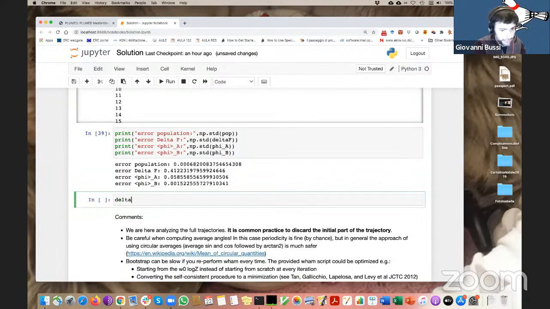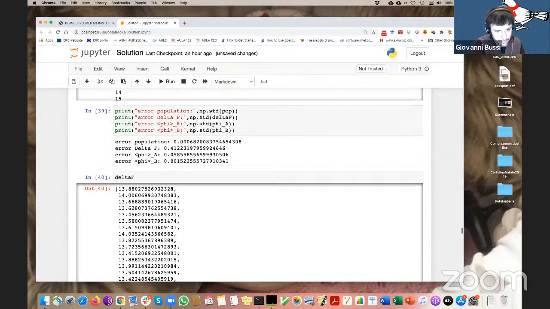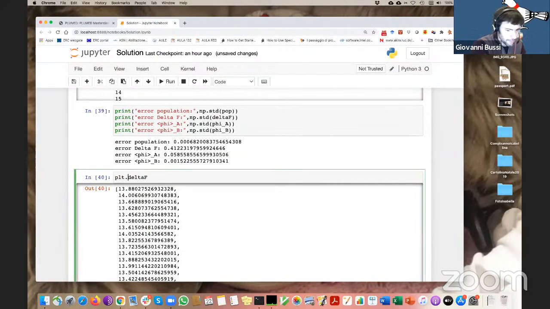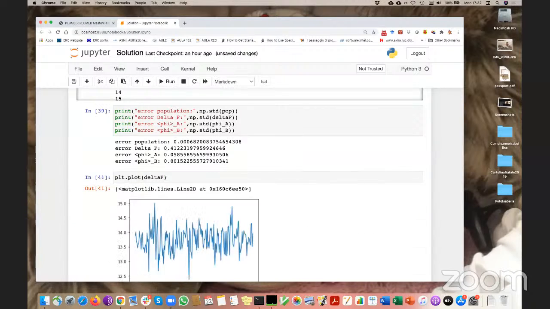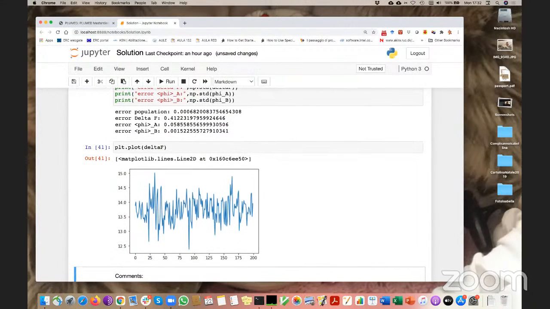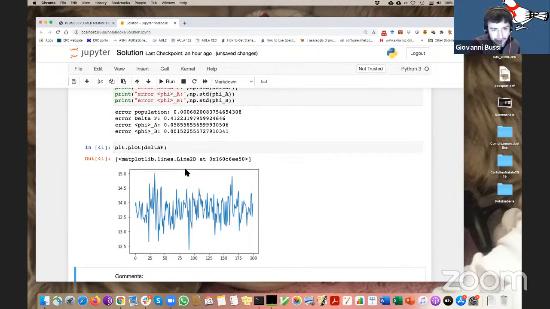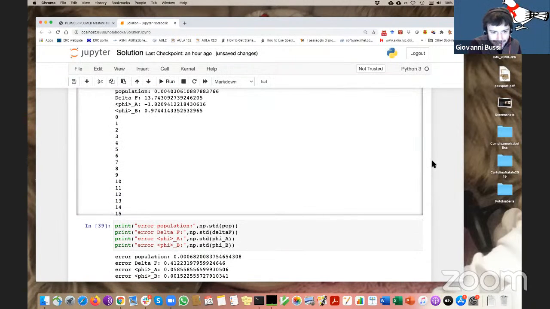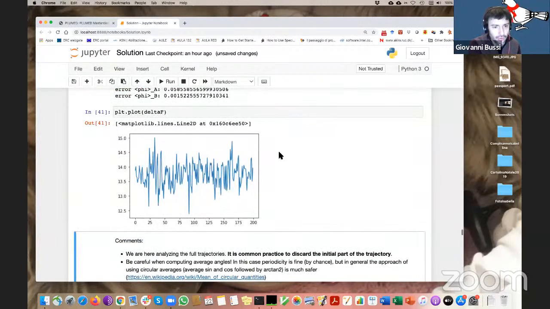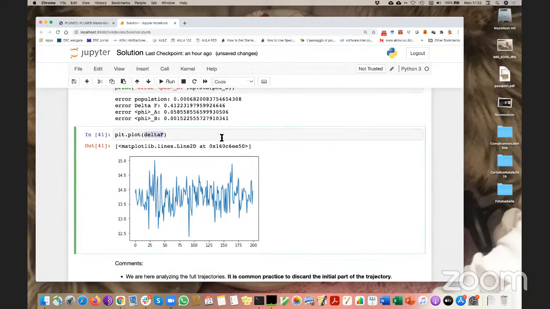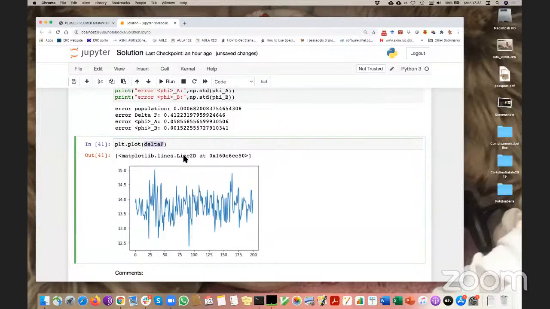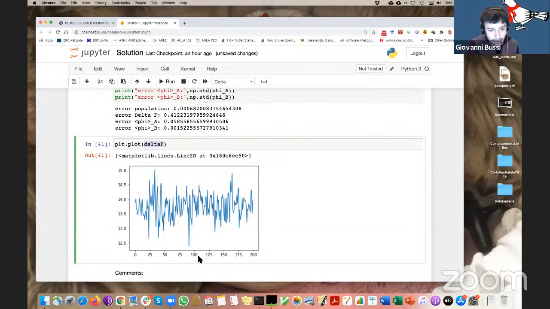So delta F. My question is whether the weights are comparable. I didn't save the weights, so I cannot show you that, but I can show you, for instance, the delta F estimated as a function of the bootstrap iteration. You see, they are not so different from each other.